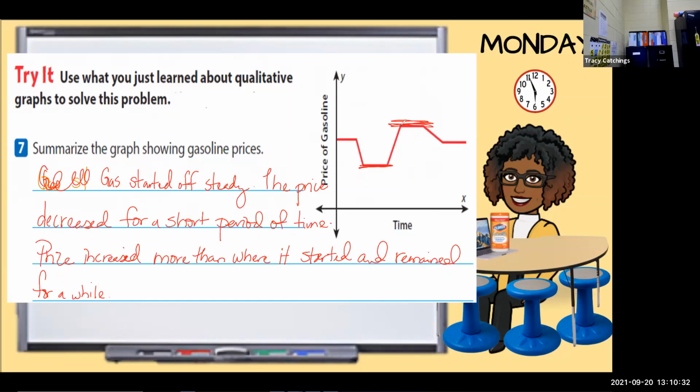This is where we are now. It decreased a little bit more. Is it back at where we started? Yeah. The price then decreased, we'll say almost where it started.